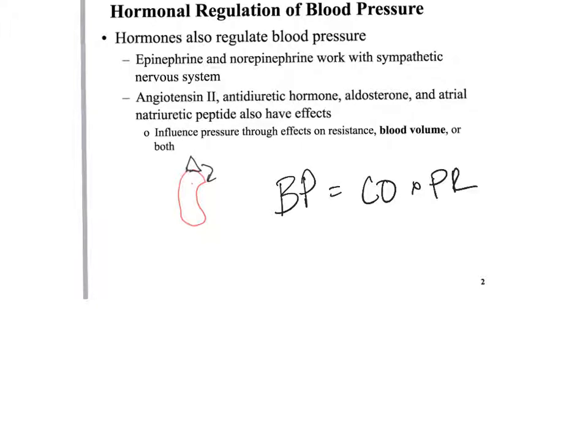Okay. Now, the question is, how does altering blood volume, where does it work into this equation? Stroke volume. The only other part of this equation was heart rate.